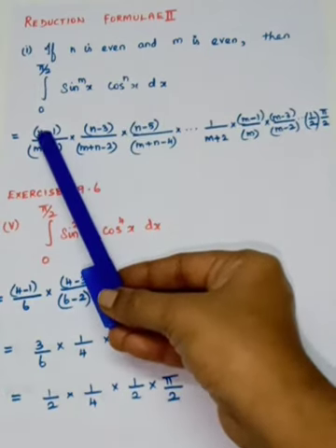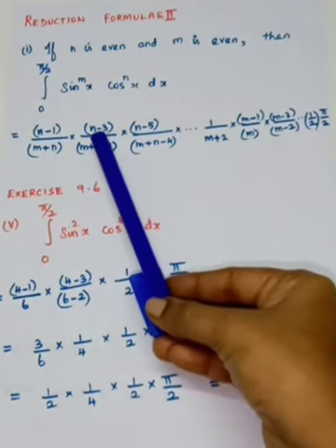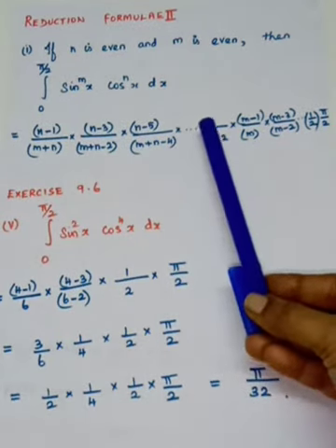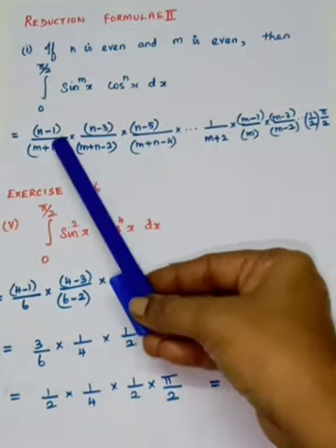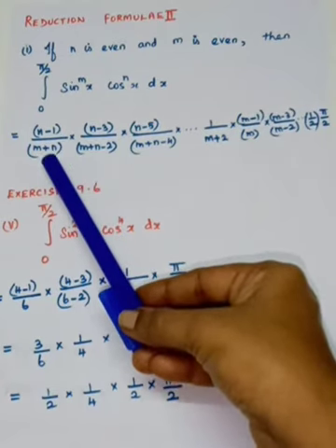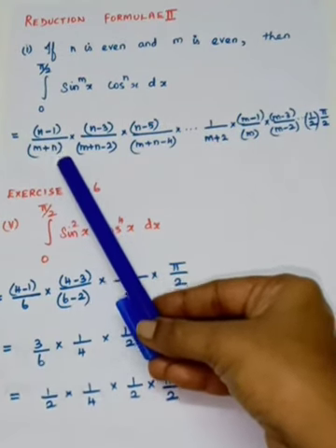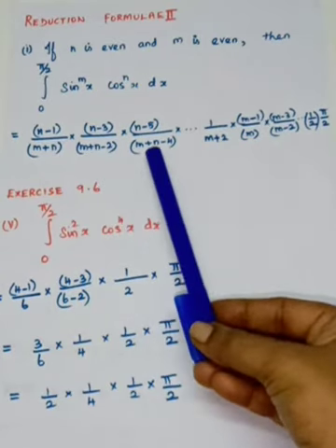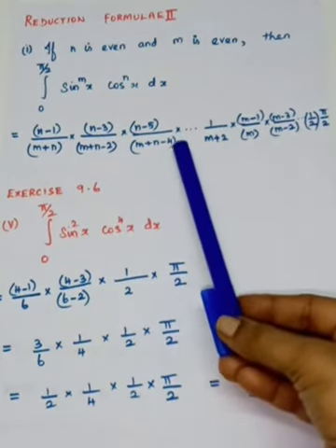At the same time, the denominator of the first term is m plus n, the second term is m plus n minus 2, and the third term is m plus n minus 4.